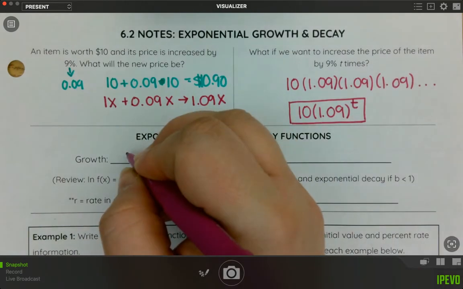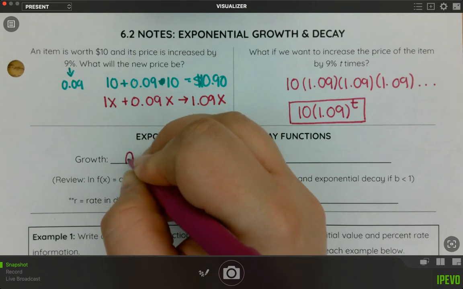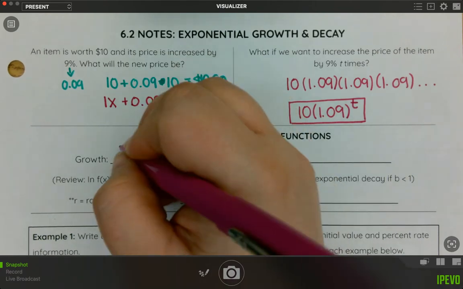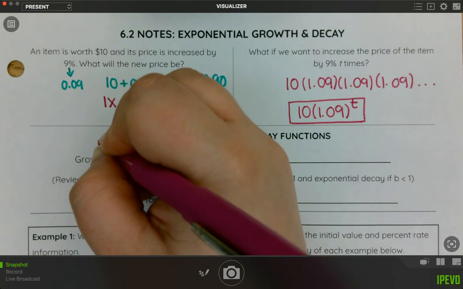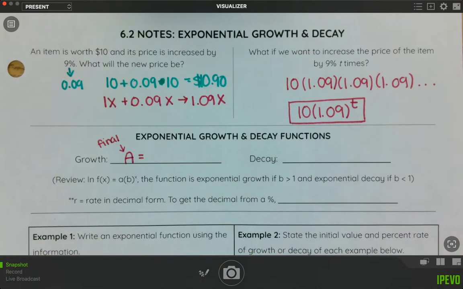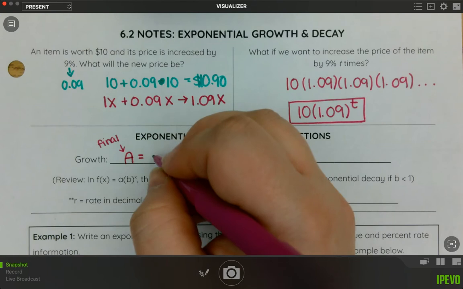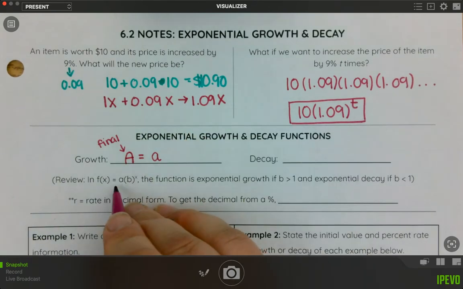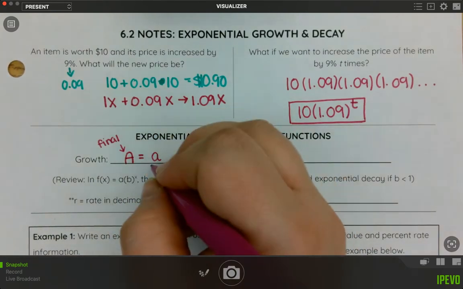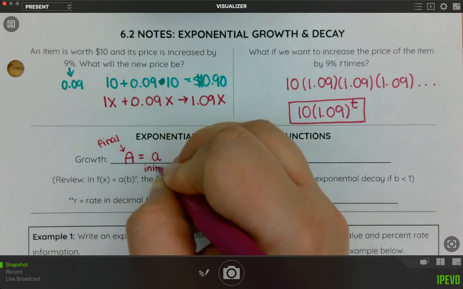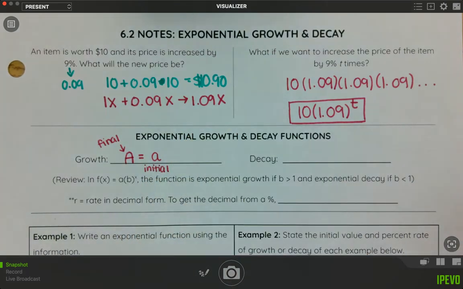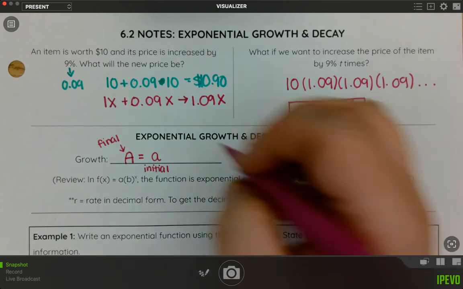So what's going to happen is I'm going to have my final amount A. That's my final amount. And then I'm going to keep this little a that I had out here, except I'm going to call that the initial, or how much you're starting with. That's what initial means.